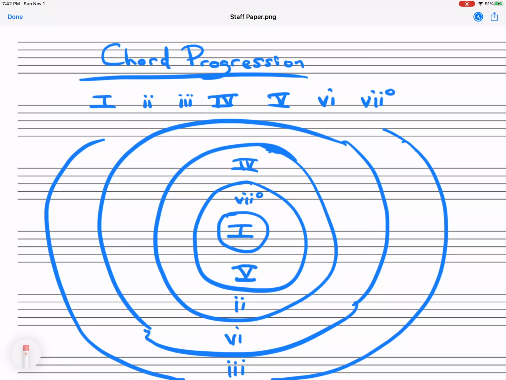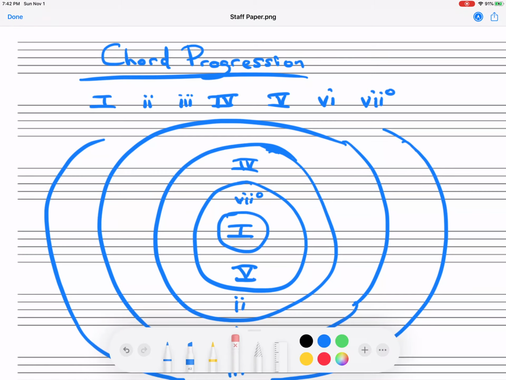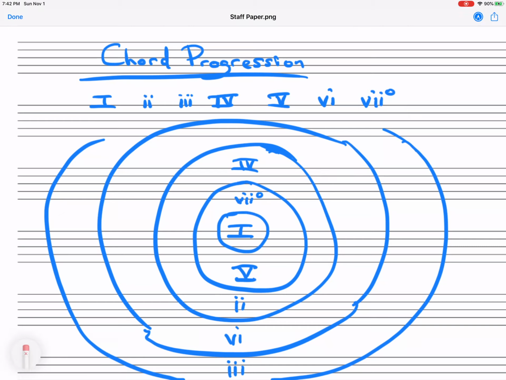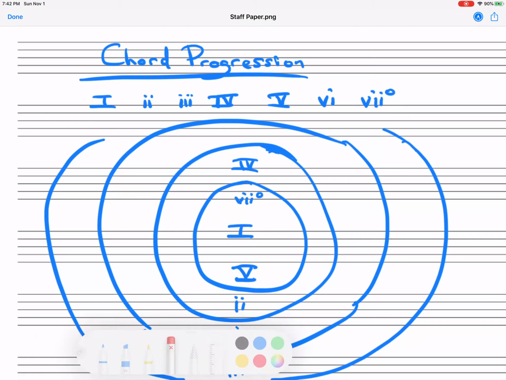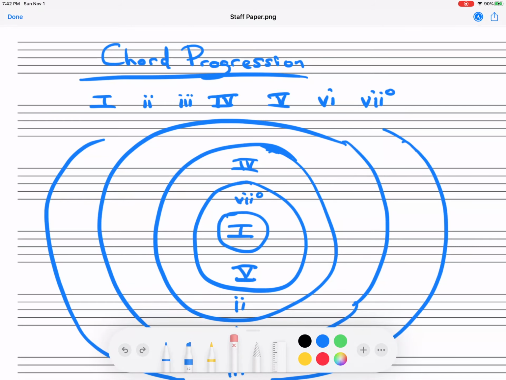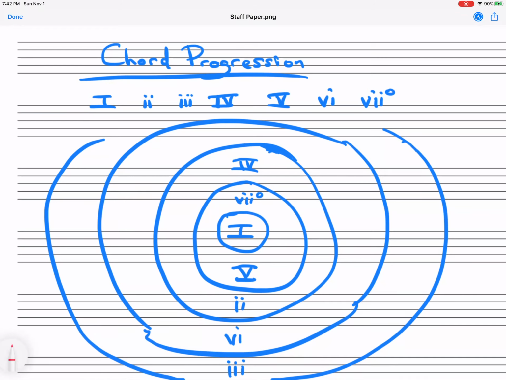Okay. The most important progression that we're going to learn about today is this progression here. So starting from 1 out to 3. This is the most important part of this. And as you can see, as we move towards 1 in this direction, the pull to 1 gets stronger.